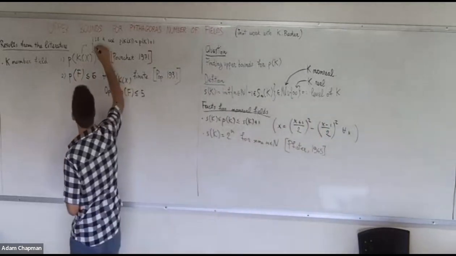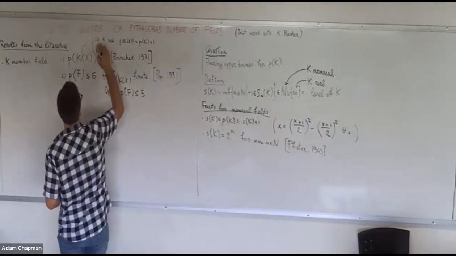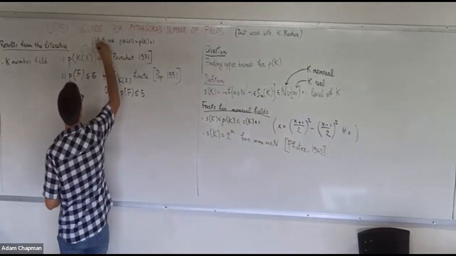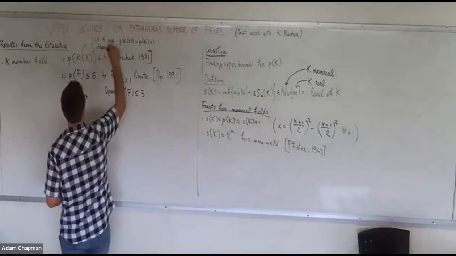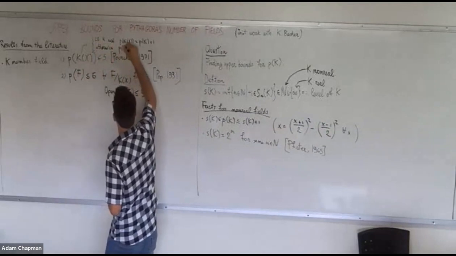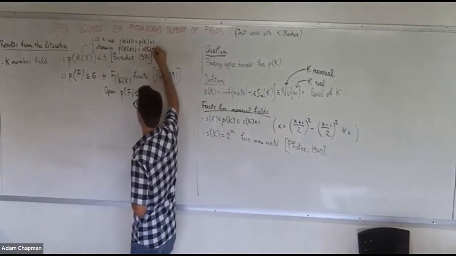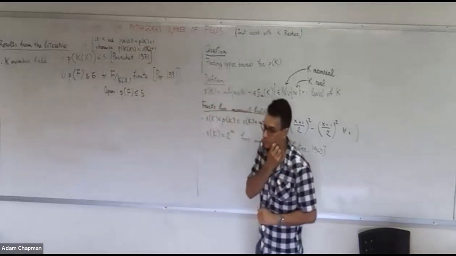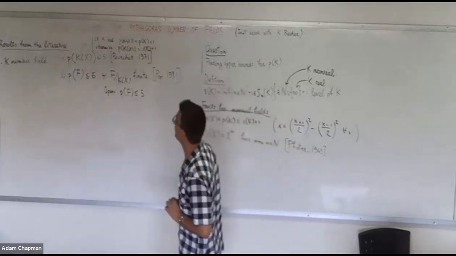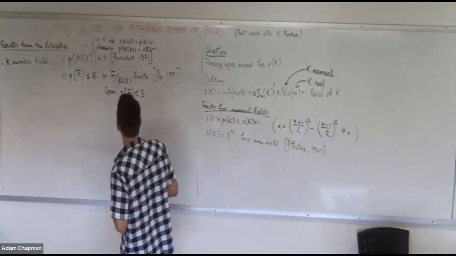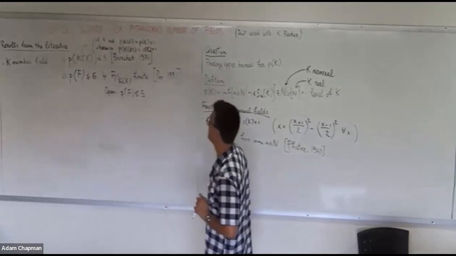But it's true that the Pythagoras number of K(x) would be the level of K plus 1.